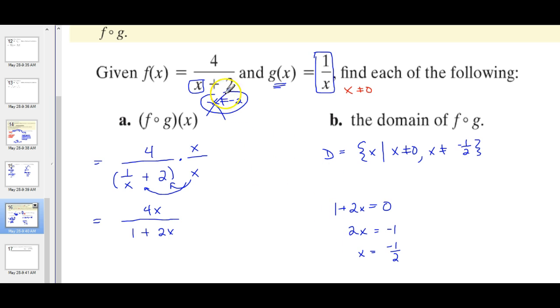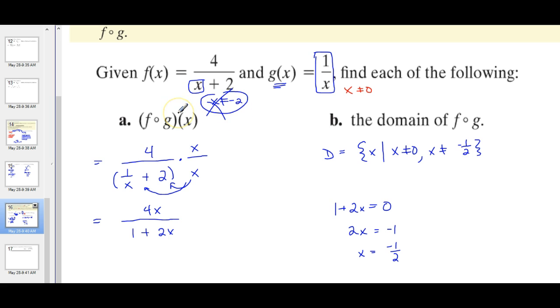Now why is that? Well, because the way these things work, X goes into G first, stuff happens, and then it goes into F. So for -2 to be the thing that goes into F, it has to come out of the G function as -2. Well, this is just the reciprocal function. 1 over X means reciprocal. So if -1/2 goes in, the reciprocal comes out, and the reciprocal of -1/2 is -2, that restriction.